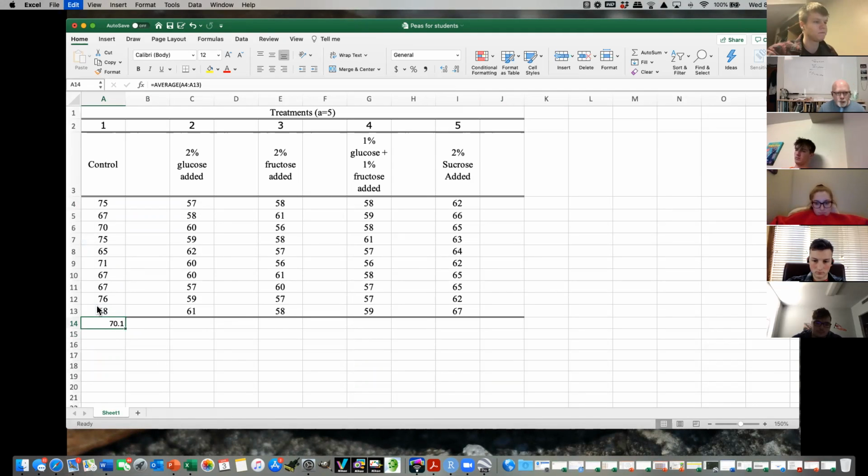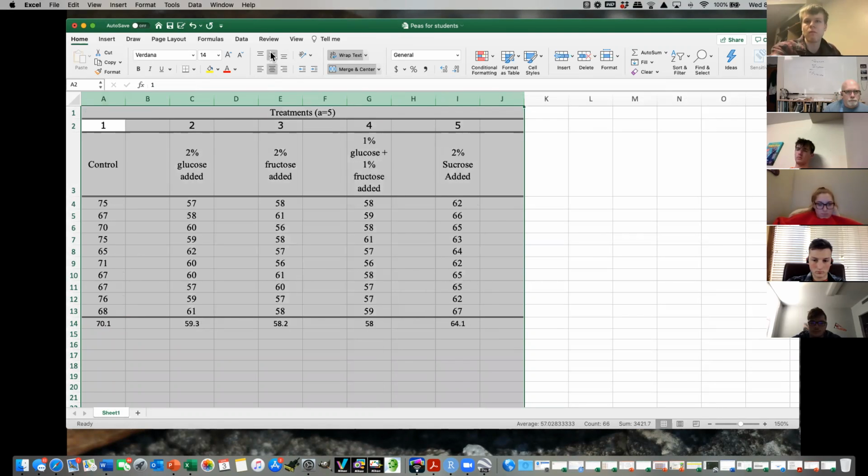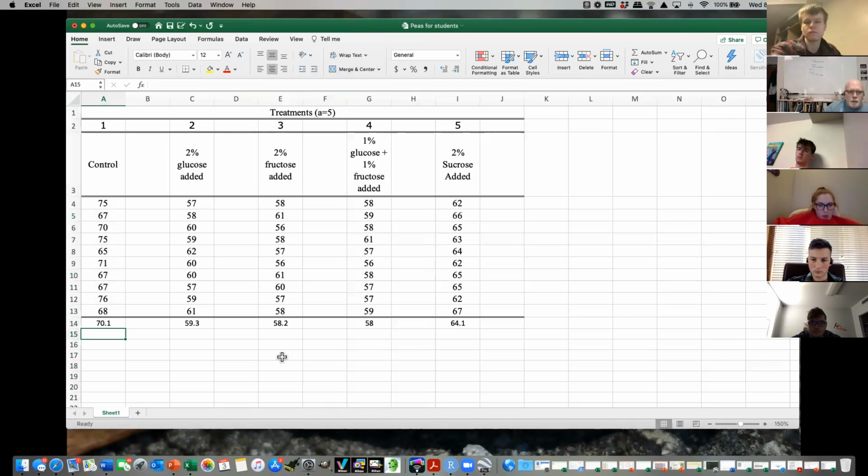Once we have that, we can copy that formula over to each of these other cells at the bottom, and that gives you the averages. Now, what do we need next?